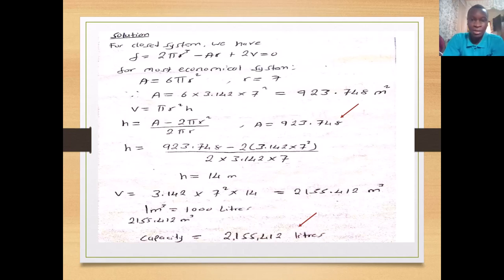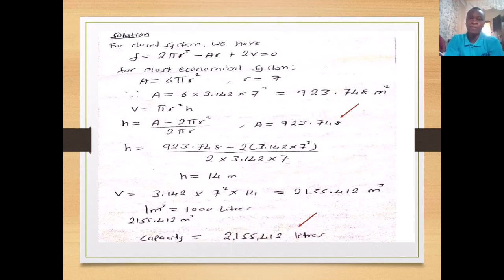Now substituting A into this expression, we have 923.748 minus 2 times π times 7², then over 2 times π times r. Simplifying and calculating, you get h equals 14 meters.